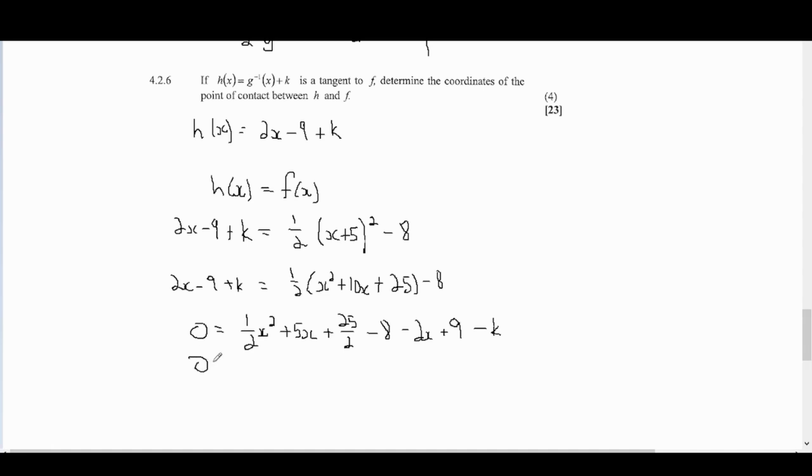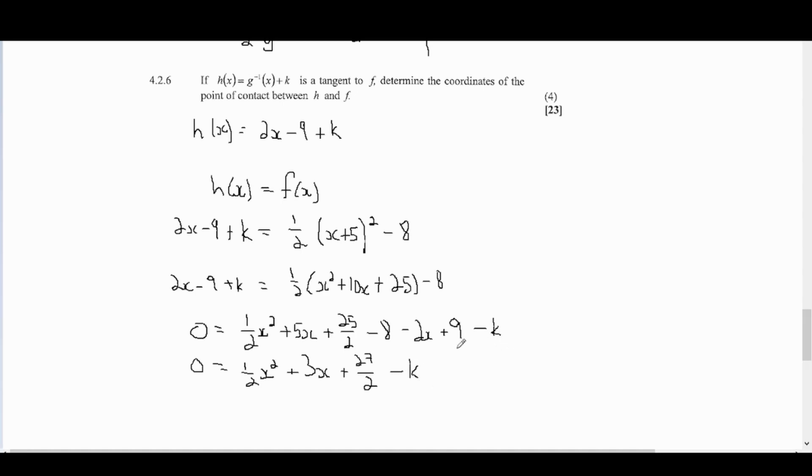So 0 equals a half x squared. We have 5x and we have 2x, so that becomes plus 3x, and then we have 25 over 2 minus 8 plus 9, so that's 1 plus 25 over 2, which is plus 27 over 2, and then minus k by itself.